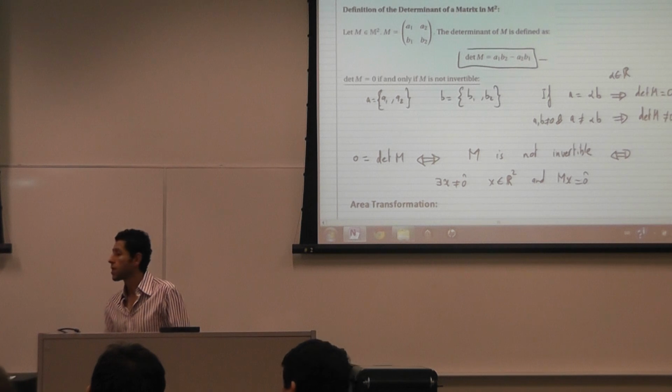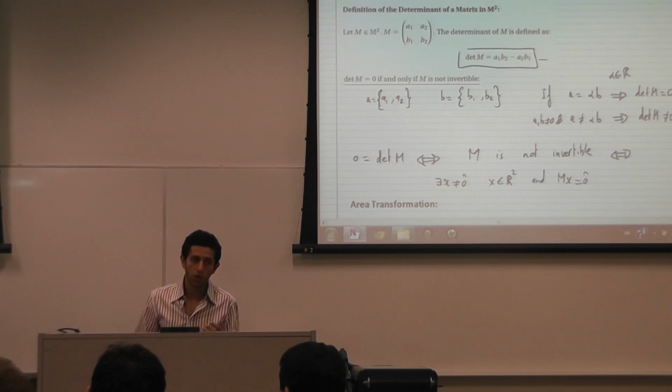Which basically tells me that the kernel of M has many vectors that are not 0.